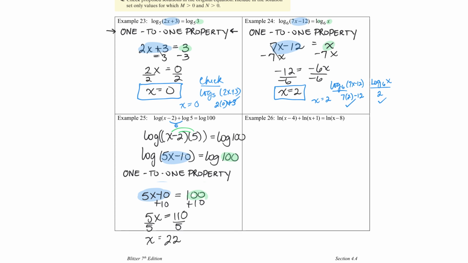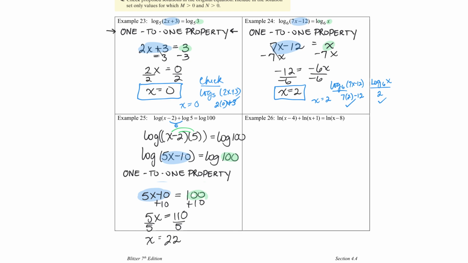So I'm checking to make sure that if I plug in 22 to my original equation, it's not going to cause an issue for any of the logarithms, right? And I've been being very explicit and writing out in a very complete way my checks.